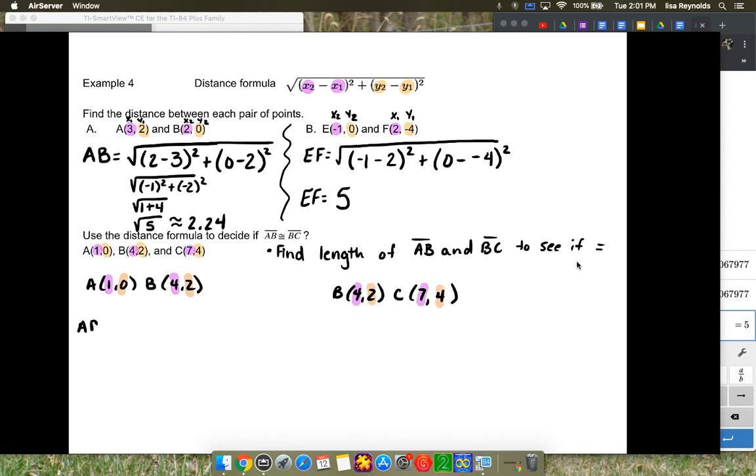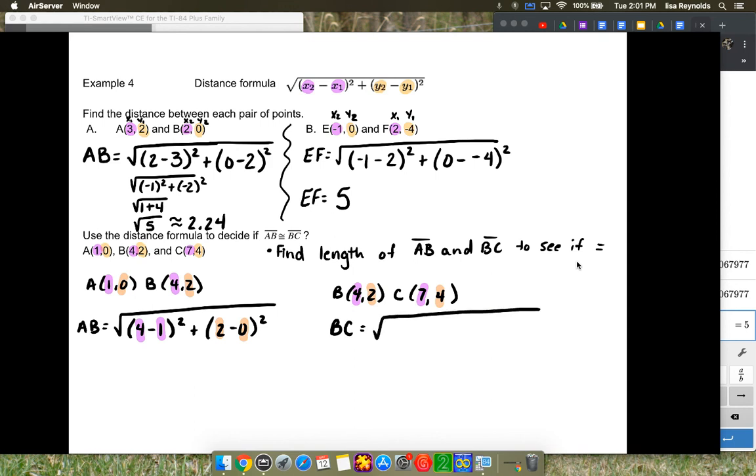So for AB, our square root of (x2 minus x1) squared plus (y2 minus y1) squared.